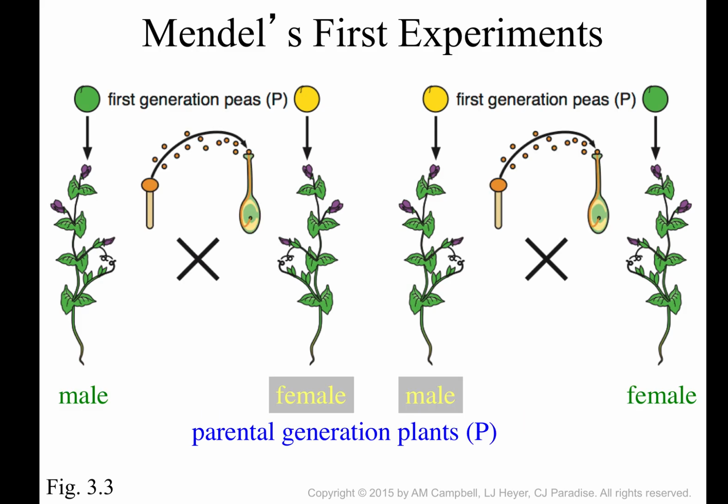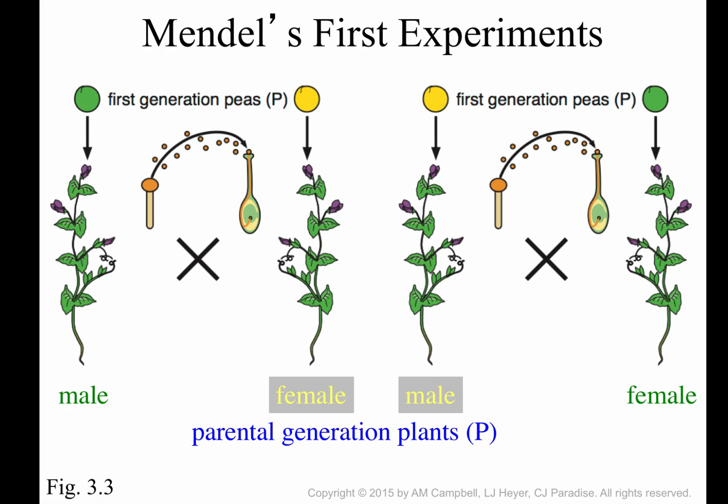So he took parents of these plants, plants with true breeding traits. In other words, a plant that always gave green seeds, a plant that always gave yellow seeds, and he did crosses between them, where he had the pollen from a green seeded plant landing on the stigma, the female part of a plant that had yellow seeds, and then the reverse cross also.